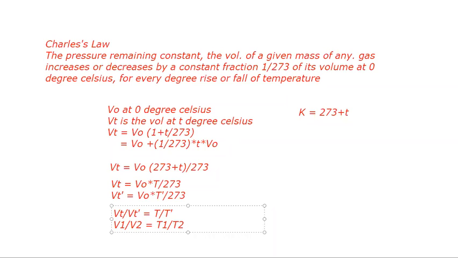So the statement of Charles' law can be modified as: the pressure remaining constant, the volume of a given mass of any gas is directly proportional to its absolute temperature.